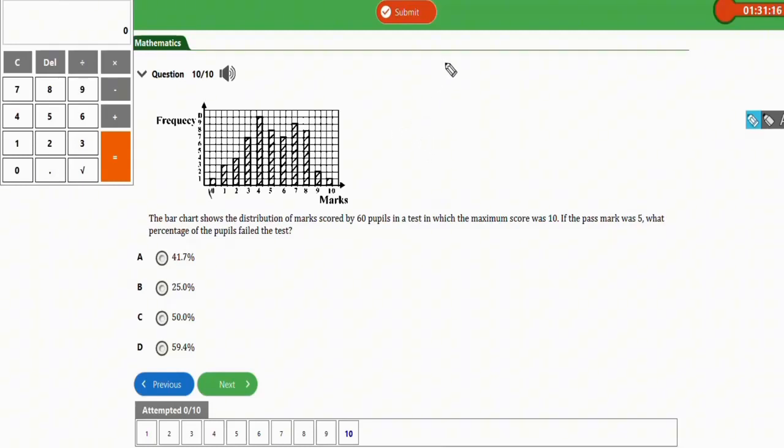Okay, so we have our mark, we have the frequency of failure. Let's begin with those that scored below 5, that's the failure rate. Let's check mark 4. People that scored 4, they are 10. Then let's check mark 3.